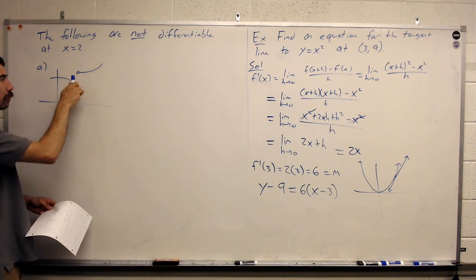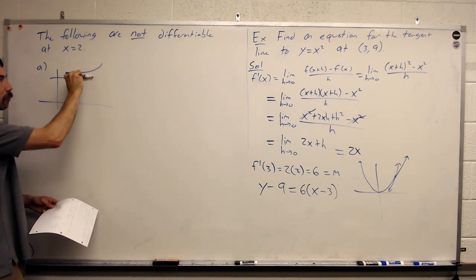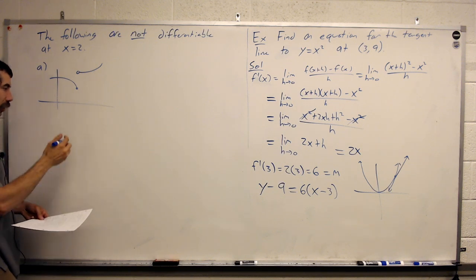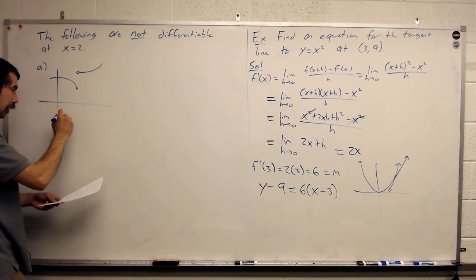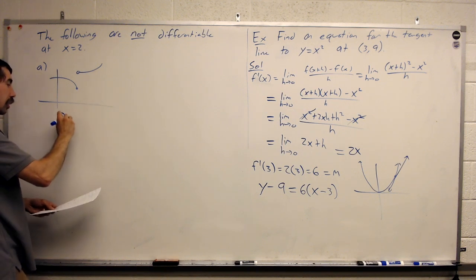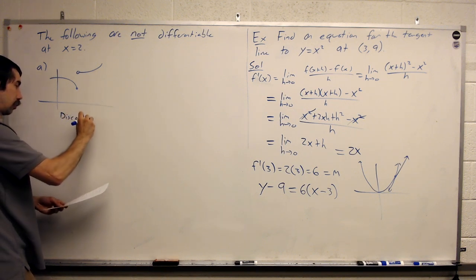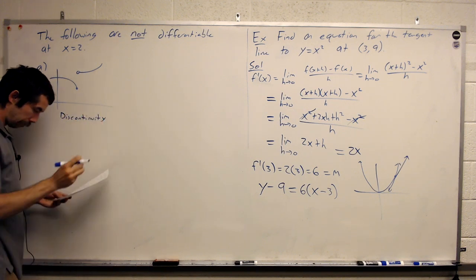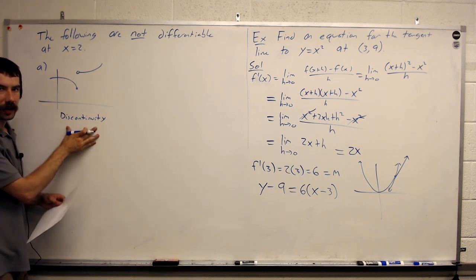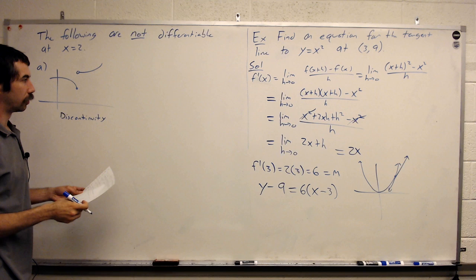And so it doesn't even make sense. What would be the tangent line? Would that be the tangent line? It doesn't make sense to have a tangent line here. So the reason it has no derivative is because of a discontinuity. All right, so if there's a discontinuity, then there's no derivative.